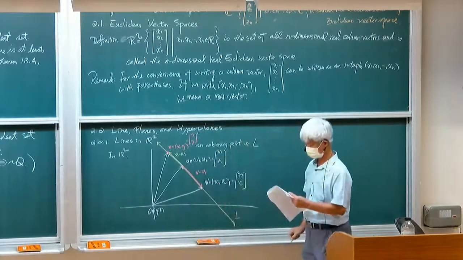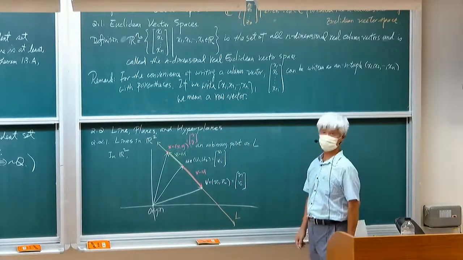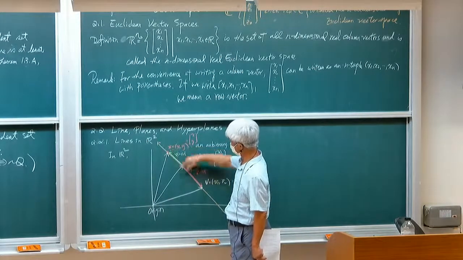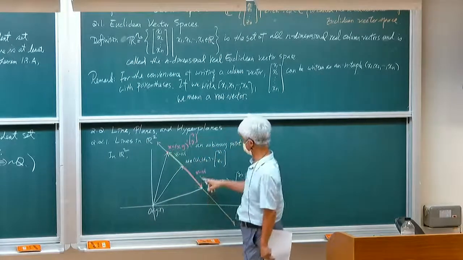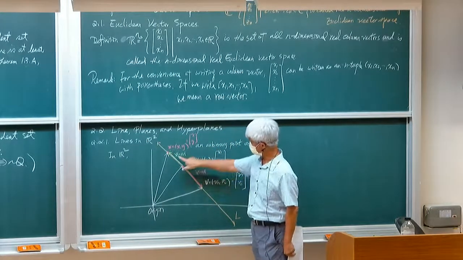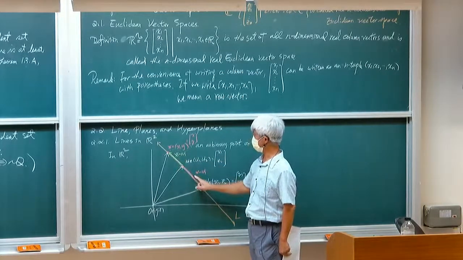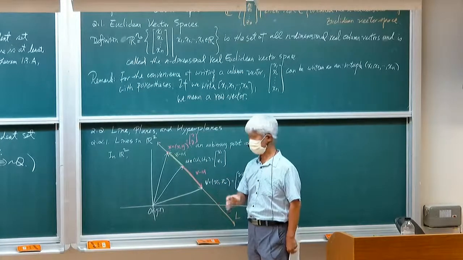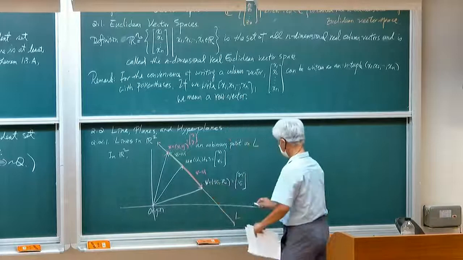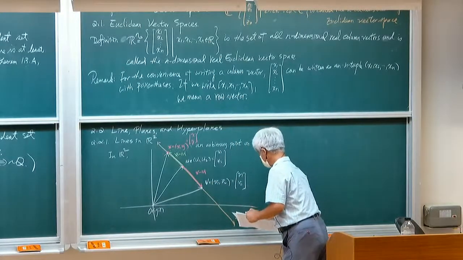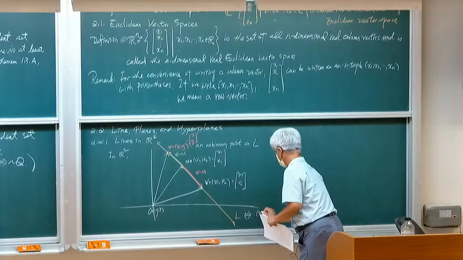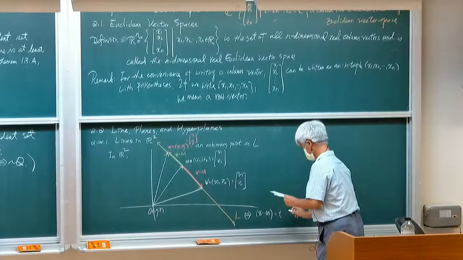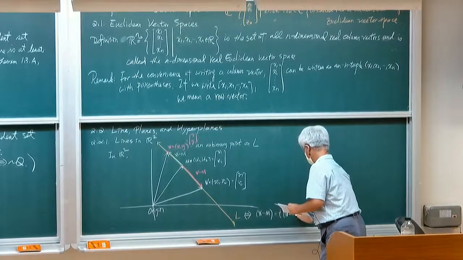Because these 3 points are on the same line, you can see that this difference vector and that difference vector, the red one and the green one, are parallel to each other. So a description of L is that this difference vector is proportional to that difference vector.